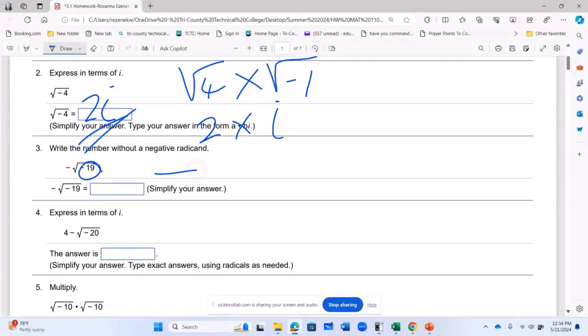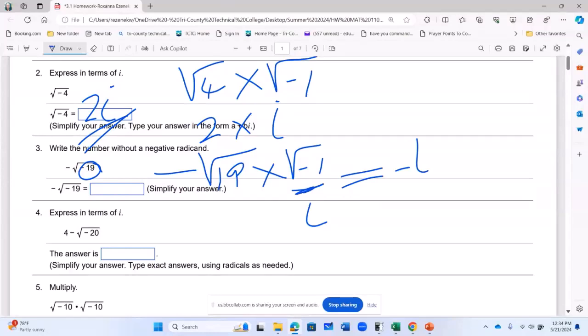So I have the square root of 19 multiplied by the square root of -1. I have factored out the negative number, and this is the same thing as i. So now I can rewrite it as negative i square root of 19. I want to write i in front, so I have written it without a negative radicand.